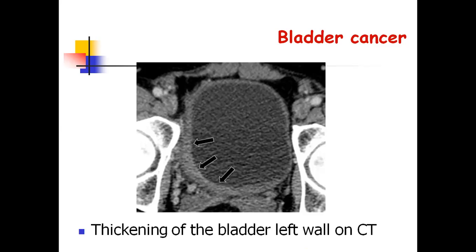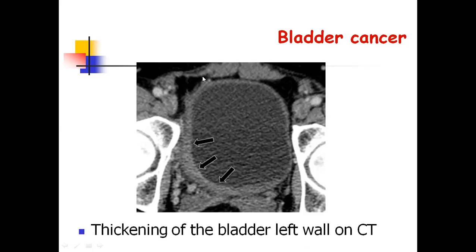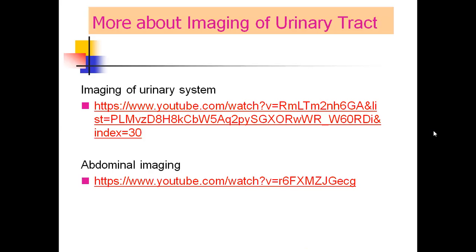It depends on the type of growth of tumor, infiltration of mucosa and submucosal space, or formation of tumor nodes. So local against diffuse lesion, different types of bladder cancer growths.